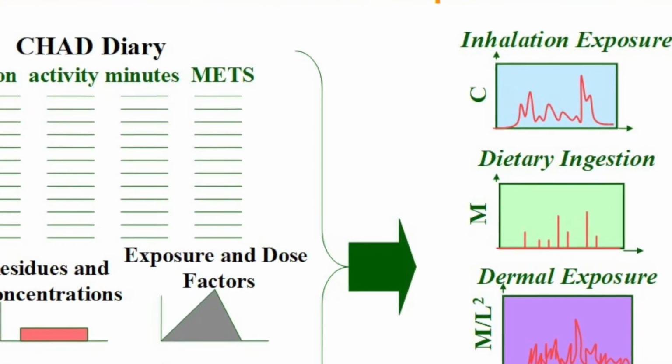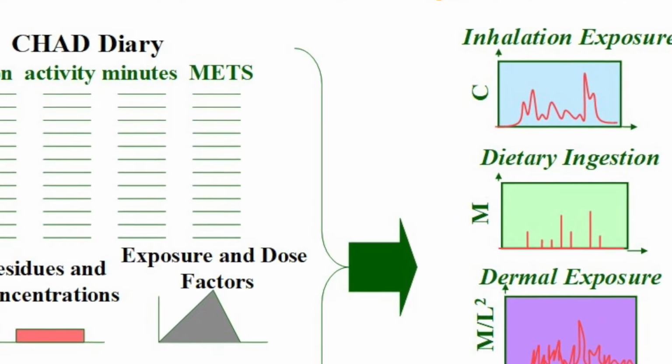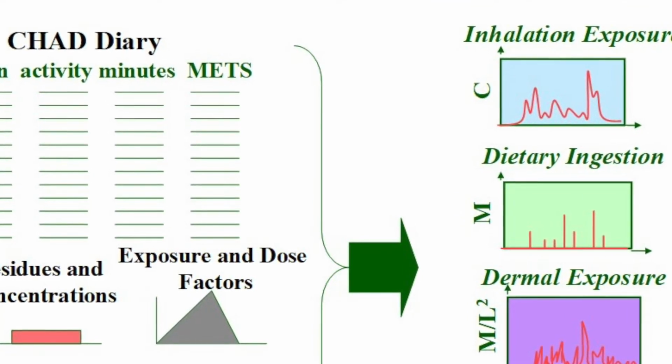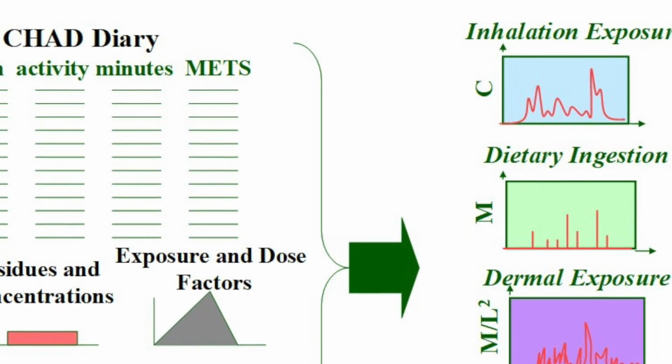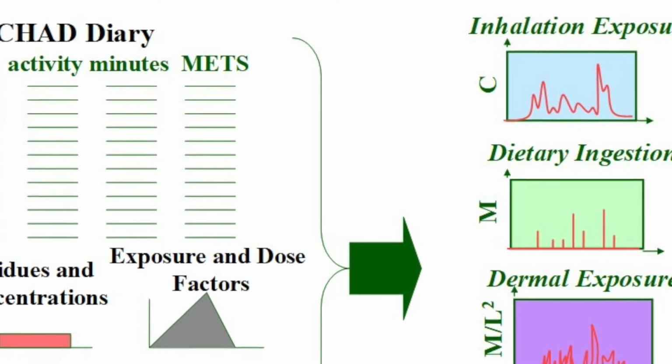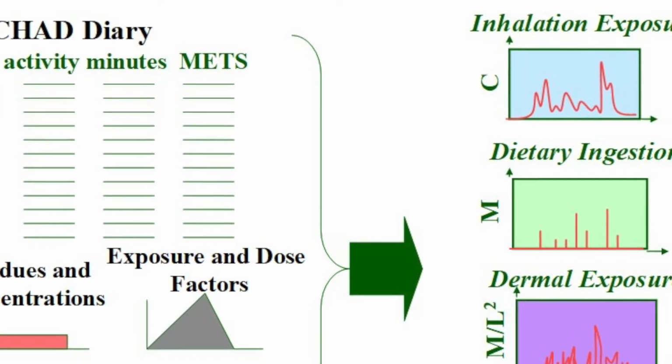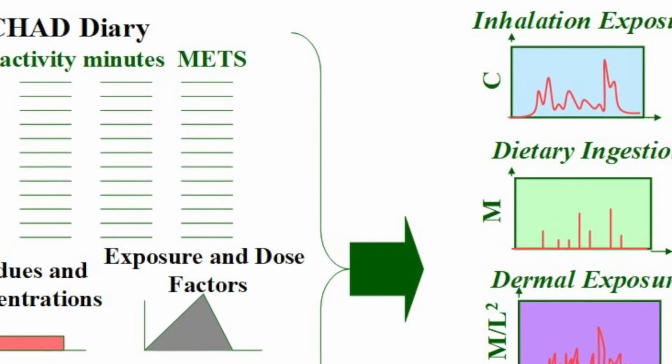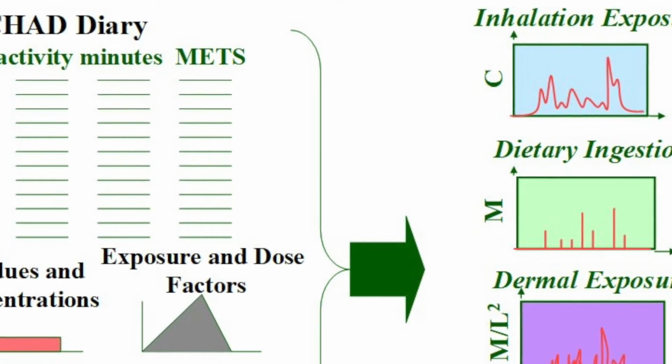The output, especially in a stochastic exposure model, is separate predictions for inhalation exposures, dietary ingestion exposures, dermal exposures, and non-dietary ingestion exposures.